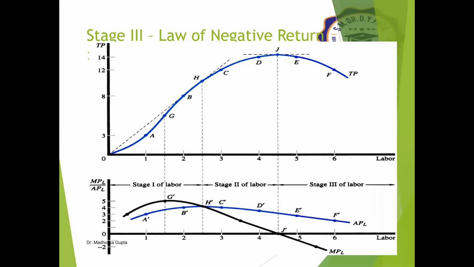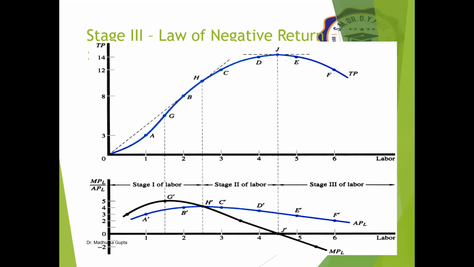So as the amount of variable factor continues to increase from 6, 7, 8 to the constant quantity of fixed factors, a stage is reached where TP declines and MP becomes negative. Why? This is due to the fact that the quantity of variable factor becomes too excessive relative to the fixed factor, so that they get into each other's way, with the result that total output falls instead of rising.